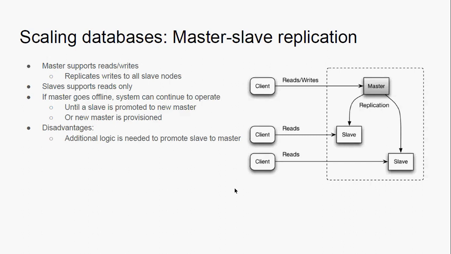The next question was: what do you mean clients have direct access to the database? Don't you have a layer of abstraction or proxy in between, so that a web service is the only one that talks to the database, and a business logic layer in between? What do you mean by clients talking to the database? Yeah, this is just for us to understand, but in reality the client is not directly talking to the databases.